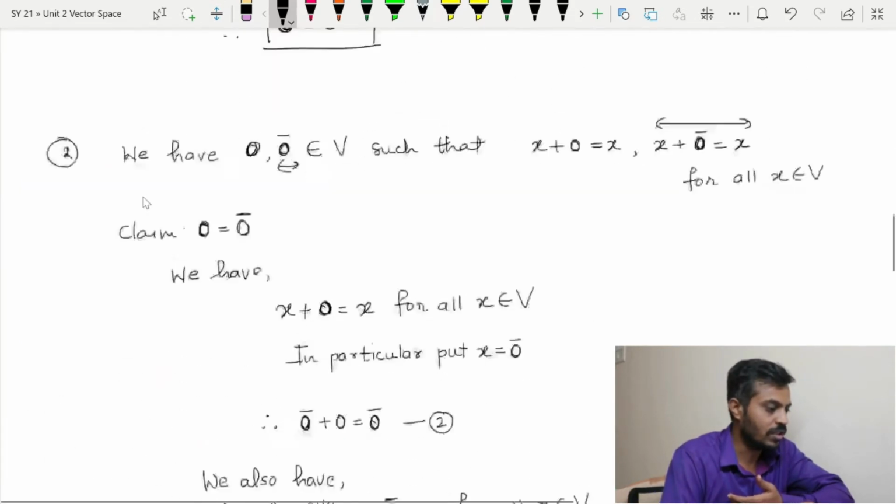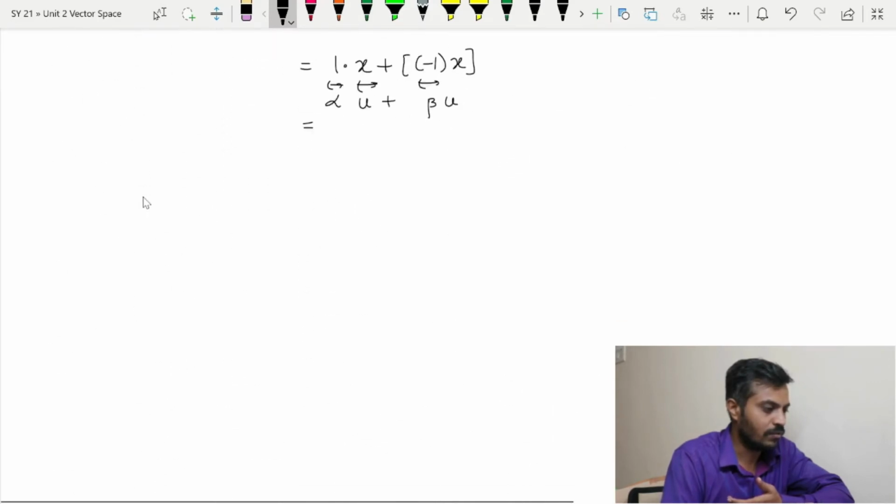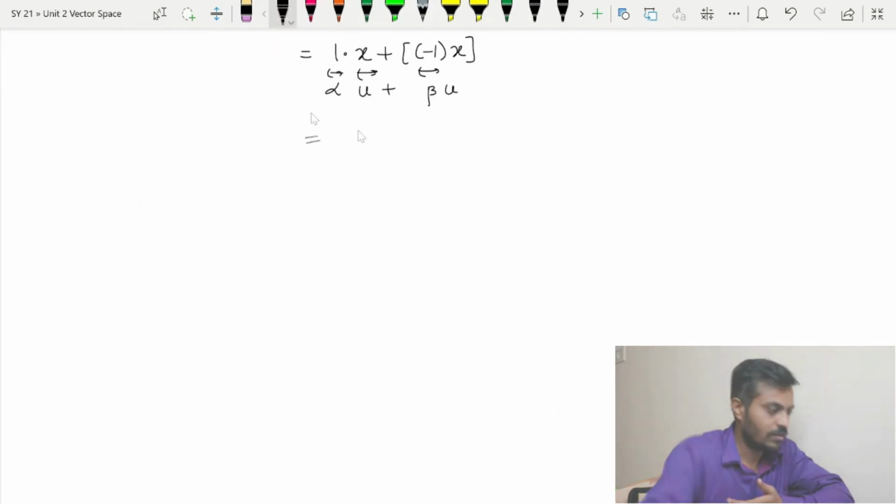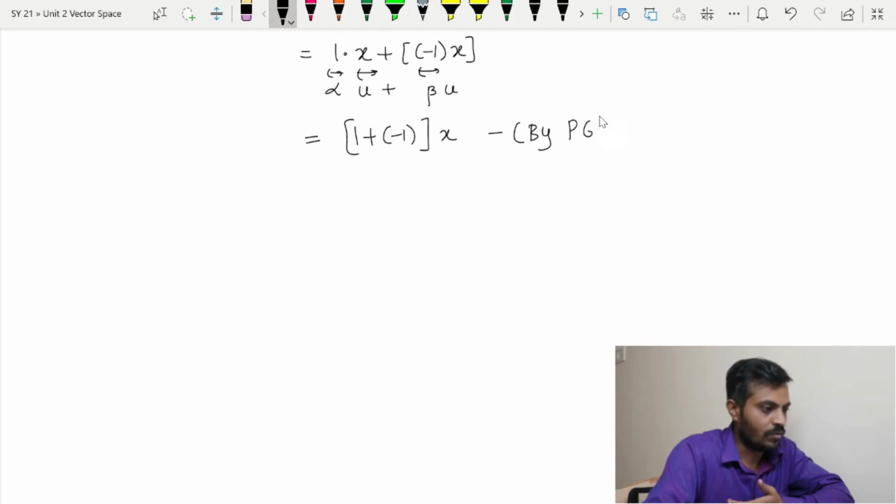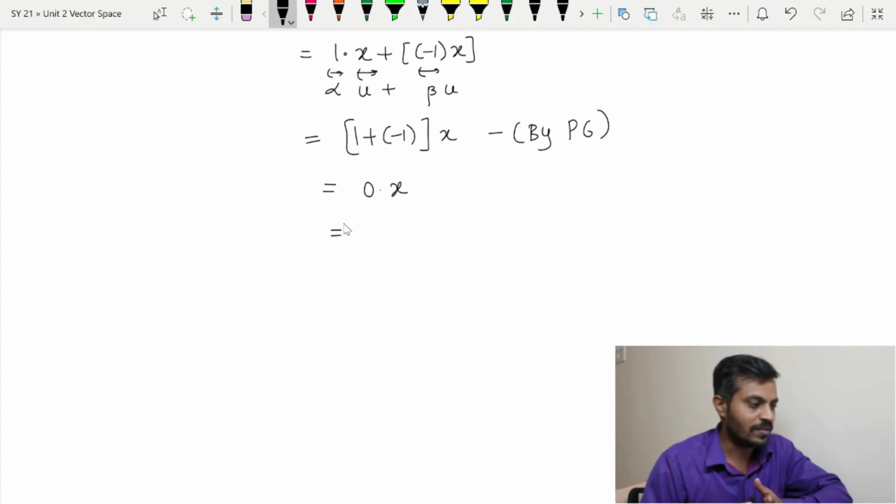Same thing we will do here. So this will be equal to 1 plus minus 1 and that x is out. This is by P6. But what is 1 plus minus 1? That is our scalar 0, 0 multiplied by x. But the first part of the theorem says that the scalar 0 multiplied by x is nothing but our vector 0.